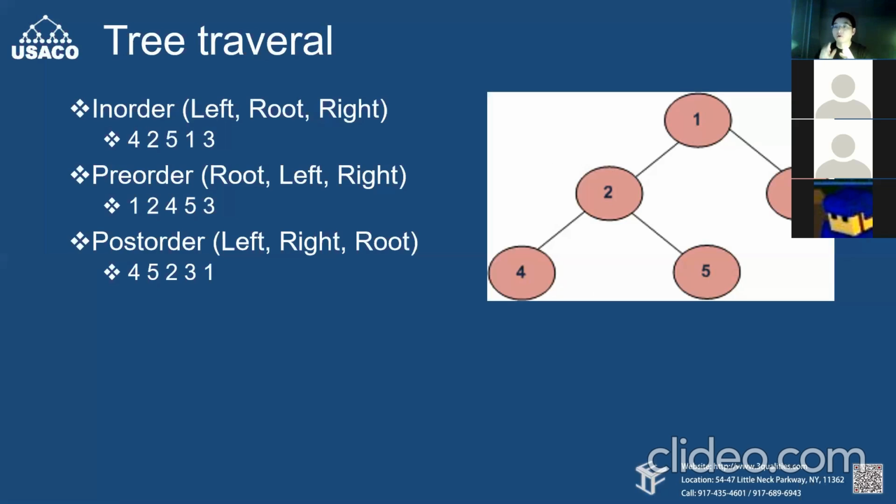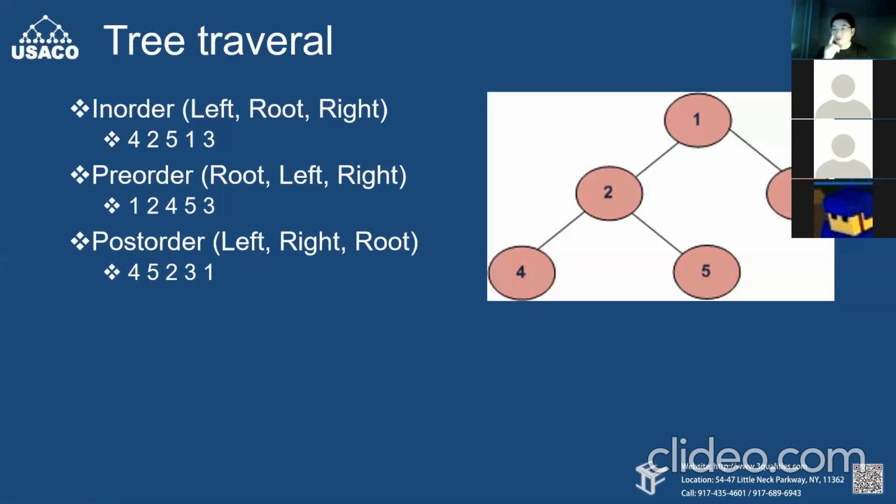That's called in order. The second traversal way is called pre-order. Pre is like happened before, right? So the pre-order is basically traversing the nodes in order of root, left, and right. Still 3 parts: left side, right side, and itself.